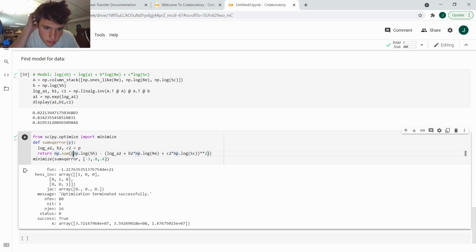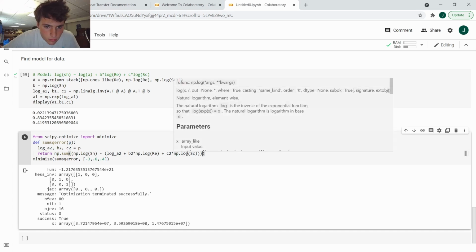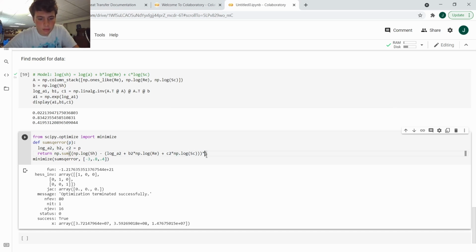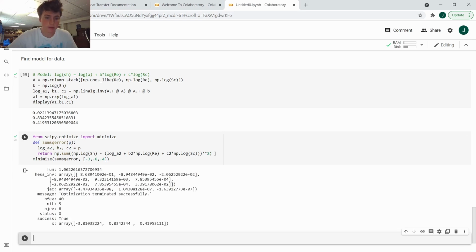What's going on here? It was just squaring our log of our Schmidt number. Now I'm confident it will work. There we go. Alright.